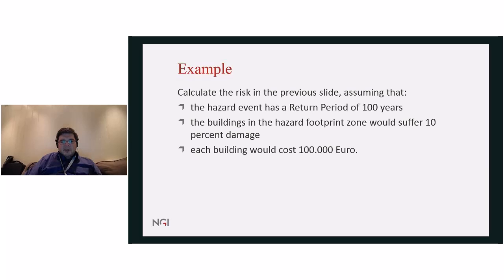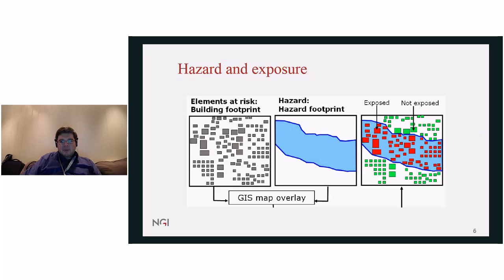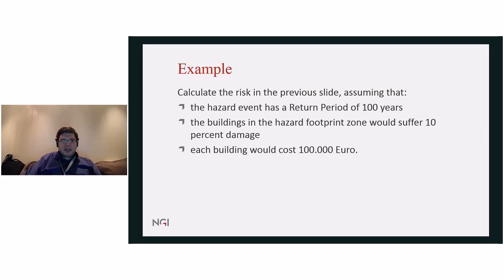So the calculation of risk would simply start by evaluating the hazard as an annual probability, and that is obtained by taking the inverse of the return period, so that would be 0.01, and then we multiply that by the consequences, which will be given by 10% of the total cost of each building, and then we have to multiply by the number of exposed buildings, which are all the red buildings in this figure, and then at the end we'll get the risk in euros per year.